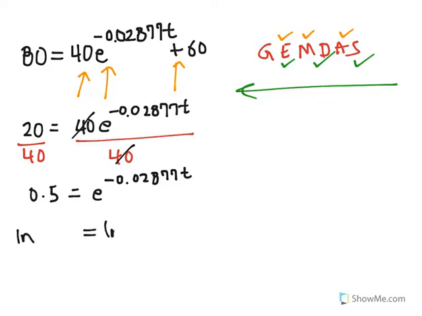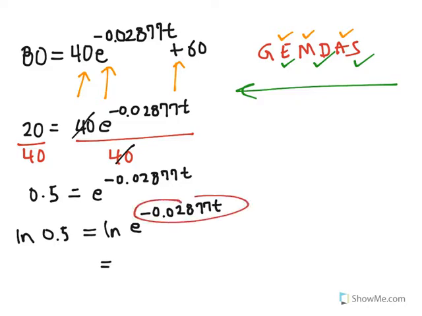So how do we do that? We take the natural log of both sides of the equation. And when we do that on the right side of the equation, that would give us negative 0.02877t, and on the left side of the equation we have natural log of 0.5.